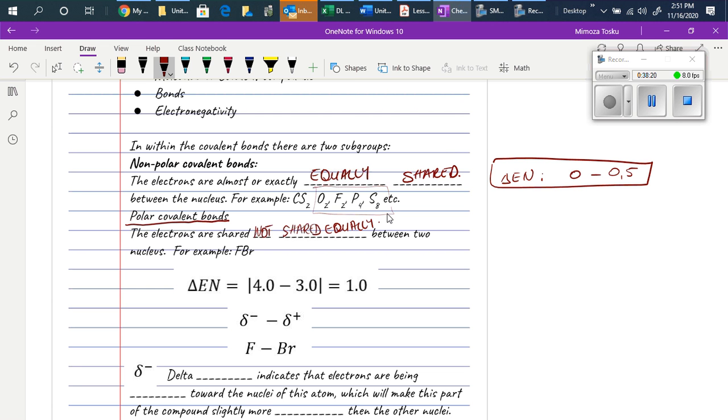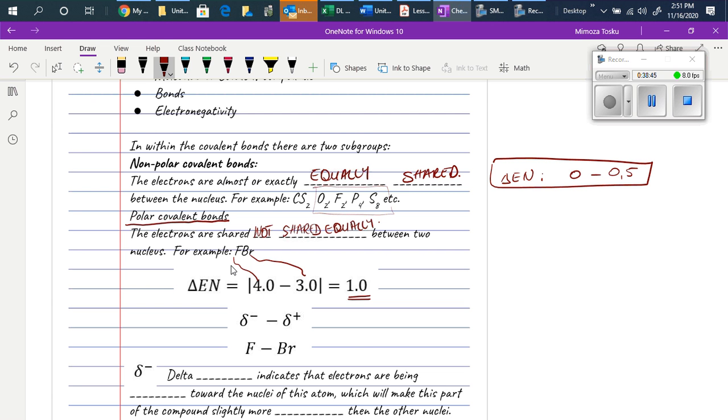Between the two nuclei. Let's take a look at FBr. Okay. Now, see what we have here. The electronegativity difference between fluorine and bromine will be 1. Okay.